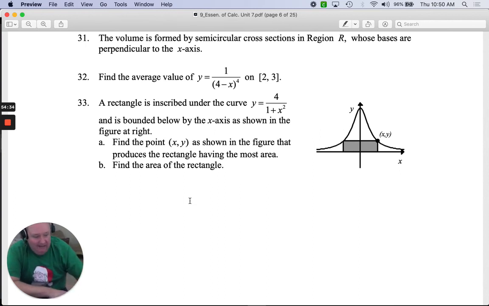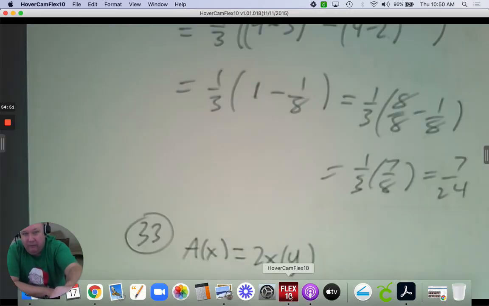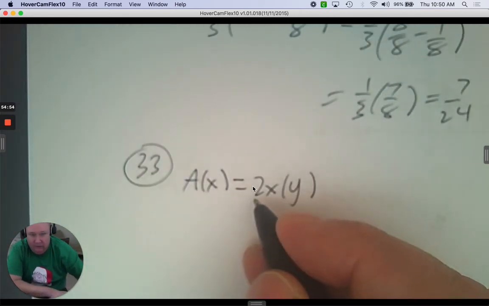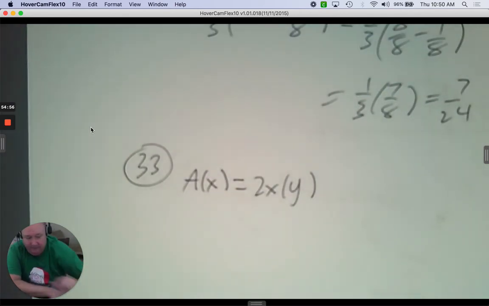All right. I need a function in terms of x that describes the area of that rectangle. So this rectangle is 1x to the right and 1x to the left. So the base is 2x and the height is y. So a formula for the area of that rectangle would be 2x's times the height, which is the y coordinate.